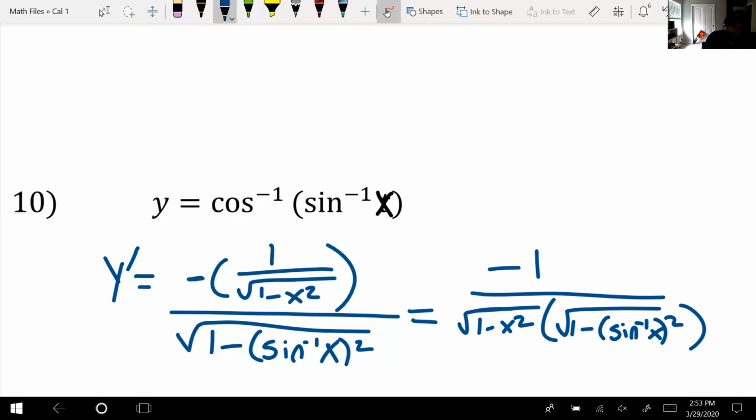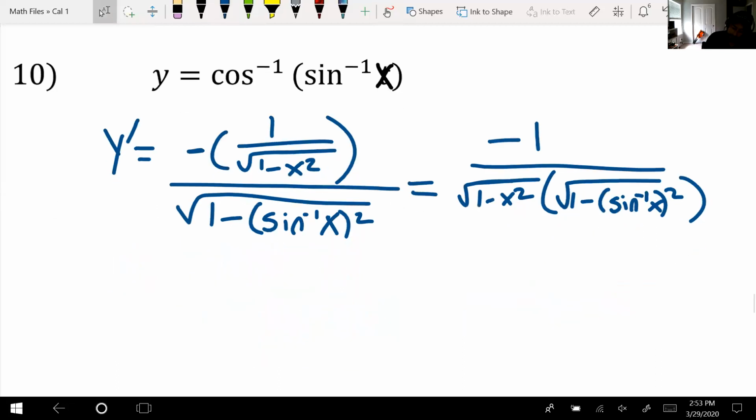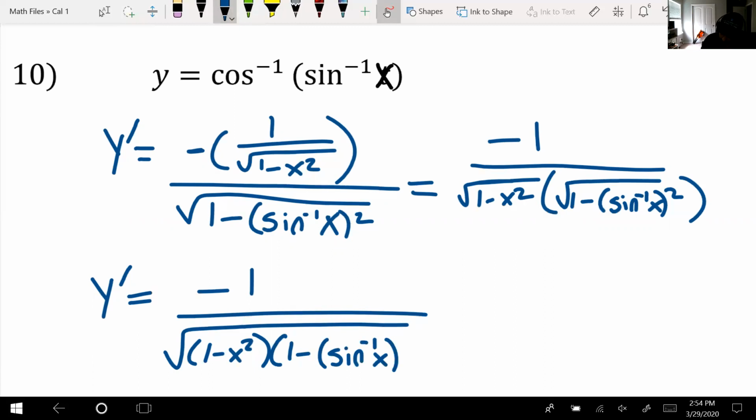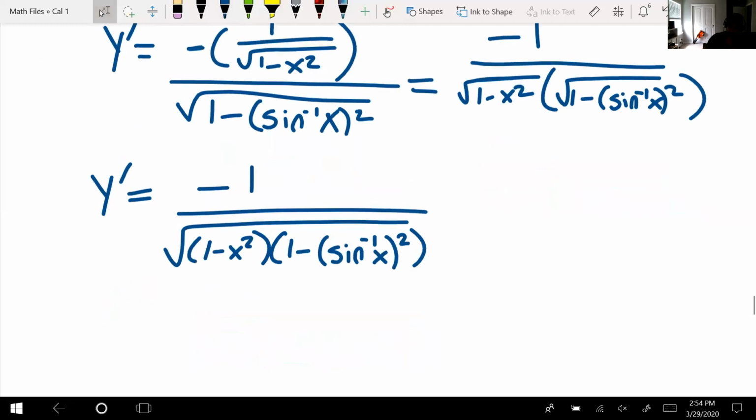At most, you could put the square roots together and have y prime equals negative 1 over the square root of 1 minus x squared times 1 minus inverse sine of x squared. There it is. Ugly, but doesn't get any better than that.